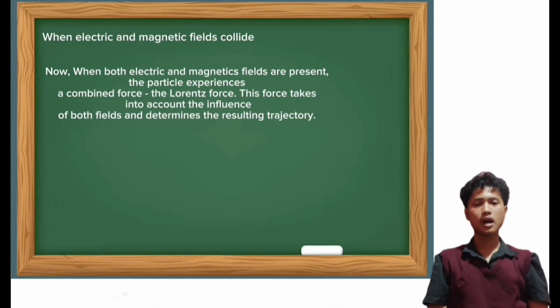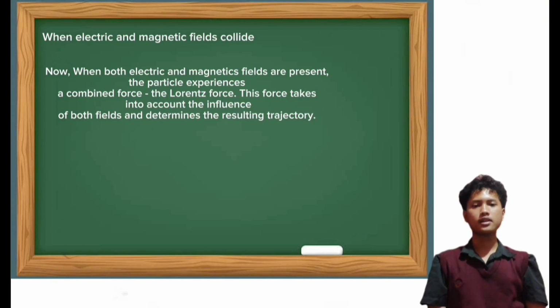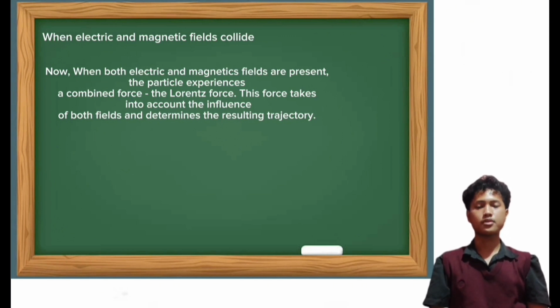So, what will happen when electric and magnetic fields collide? Now, when both electric and magnetic fields are present, the particle experiences a combined force, the Lorentz force. This force takes into account the influence of both fields and determines the resulting trajectory. Here's what can happen.